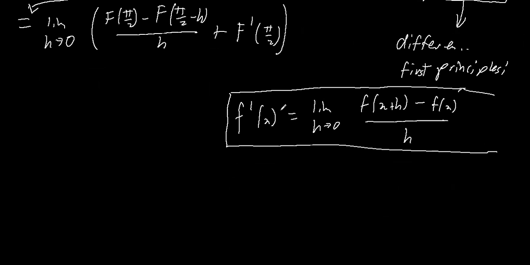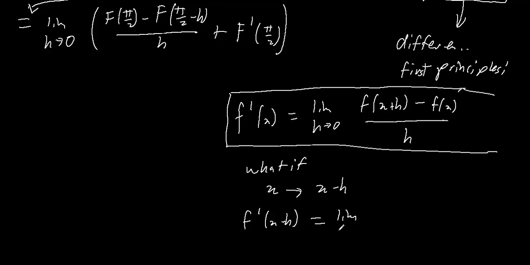What if I was working here, and what if I changed the x into an x minus h? What happens now? F dash of x minus h is equal to the limit as h approaches 0. That's not going to change. This bottom part with the h is also not going to change. But this part, then I have f of x minus h.